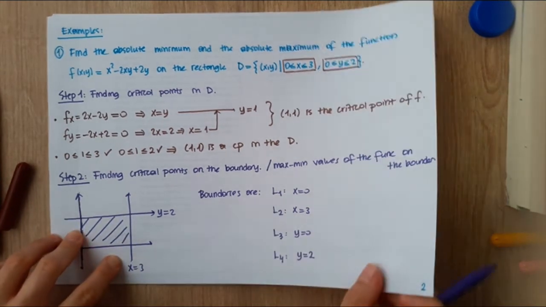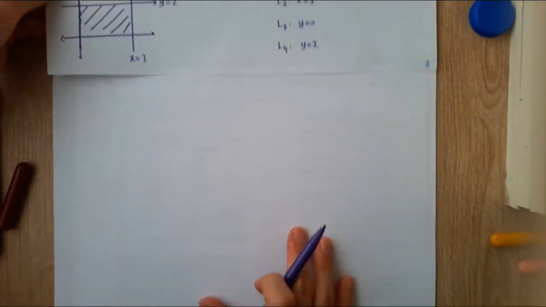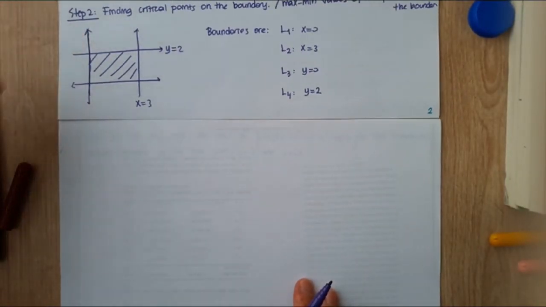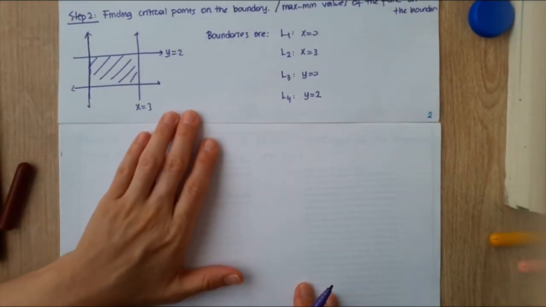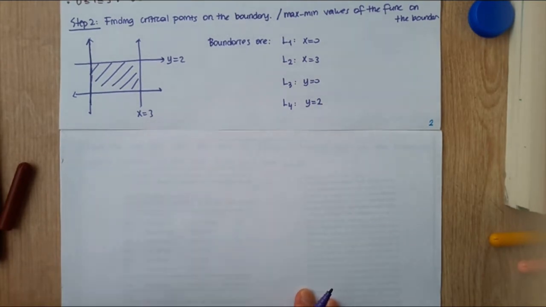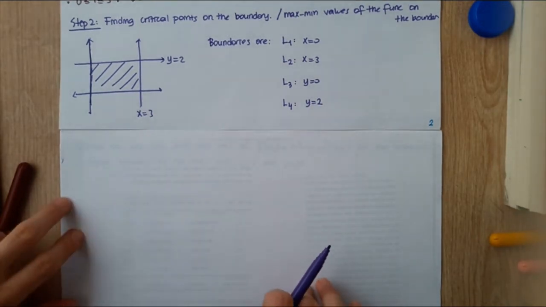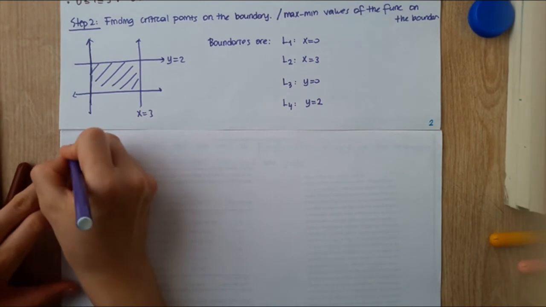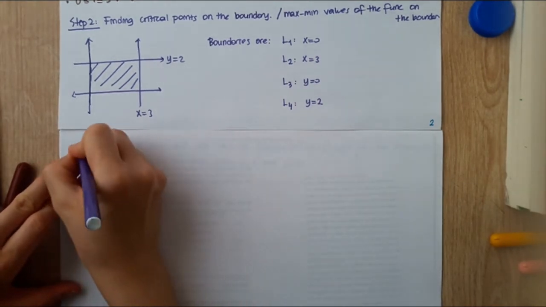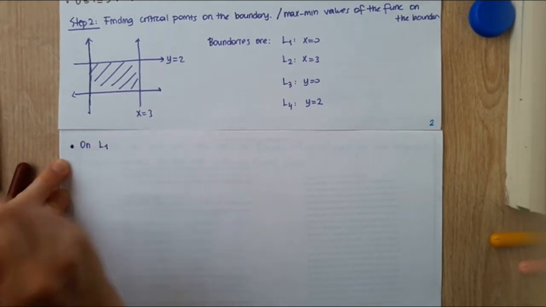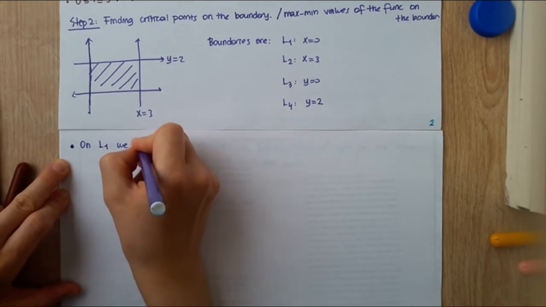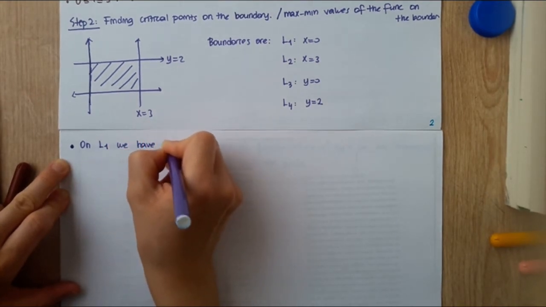The endpoints of the intervals give the boundaries of the region. Okay, so I will use these boundaries to find the critical points on the boundaries. So let's start with the first line. On L1 we have x is 0.